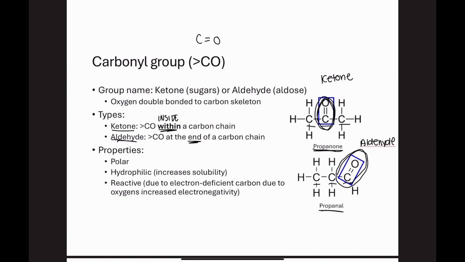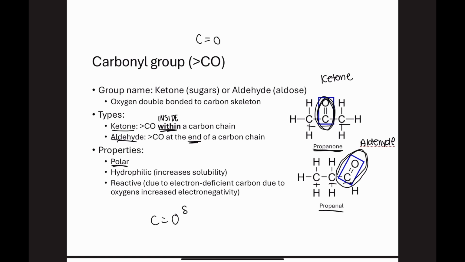So the carbonyl group has a lot of key properties. It's also polar, and it's polar because there's a difference in the electronegativity between the carbon and the oxygen atoms. Our oxygen is more electronegative, which means it's pulling those electrons closer to itself.